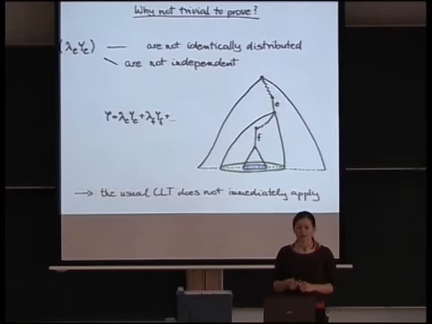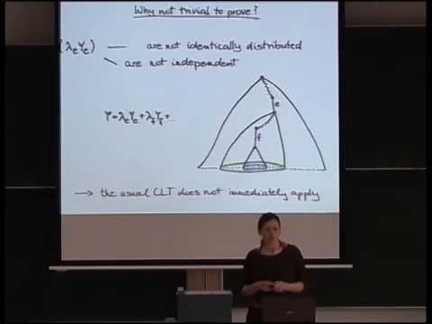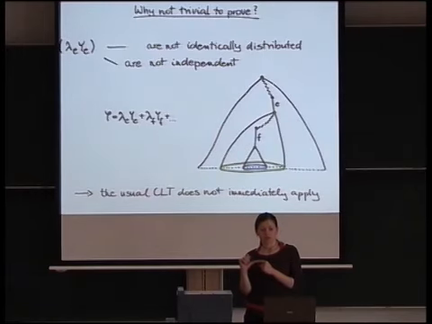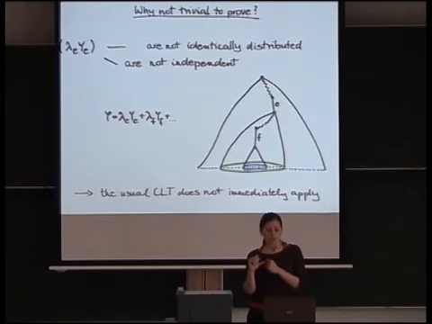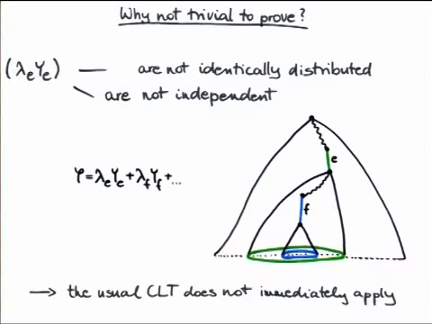Okay, and why was it not trivial to prove? Well, it's because phi is not a sum of identically distributed random variables, and more importantly, the terms in the summation are also not independent. You will understand this if you have a look at the figure where you can see a situation for such a dependency. Y_E and Y_F are not independent.